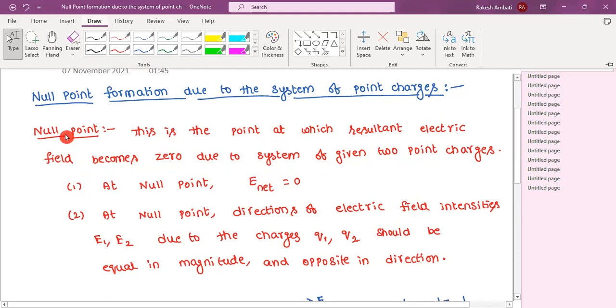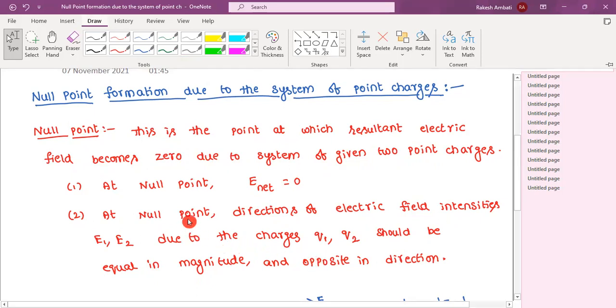The first point is at null point, resultant electric field becomes zero. The second point, at null point, the electric field intensities E1, E2 due to the charges Q1, Q2 should be equal in magnitude and opposite in direction.